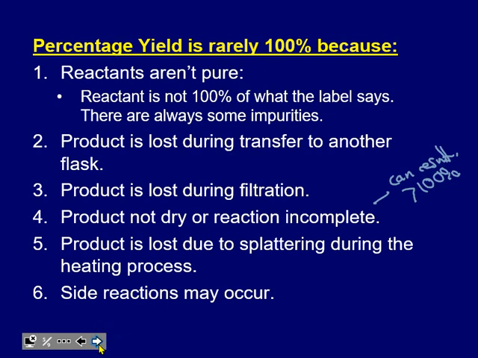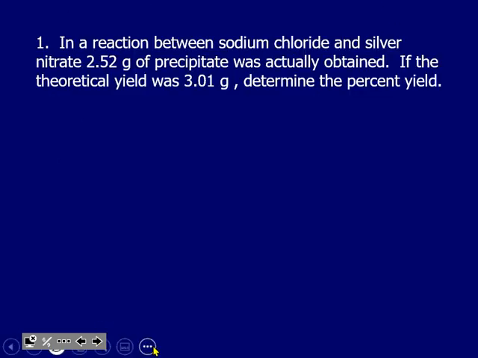All right. At this point, I'm going to do 3 examples. This first example is just the percentage calculation. The second example is stoichiometry, then the percentage calculation. And just because it's so much fun, the third example, well, I won't tell you. I won't tell you the surprise in the third example.